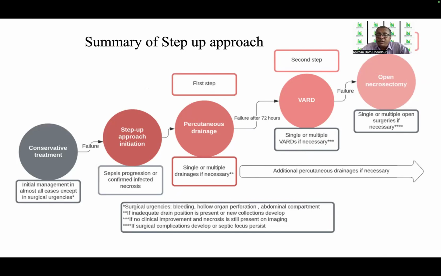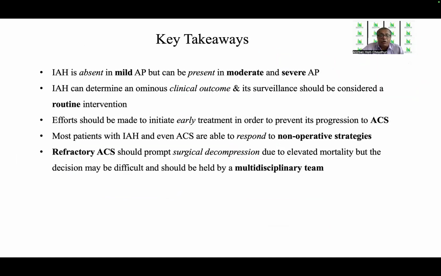And finally, of course, is open necrosectomy. This is always a last option, and if the patient undergoes open necrosectomy, it should be ensured that the wall of necrosis has already formed.